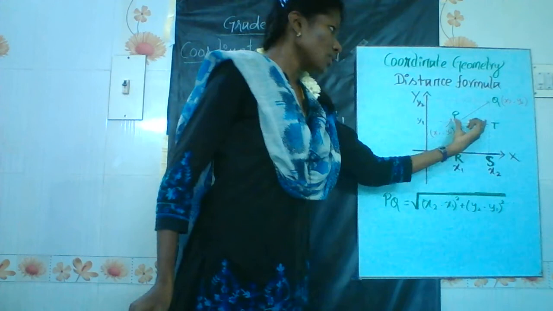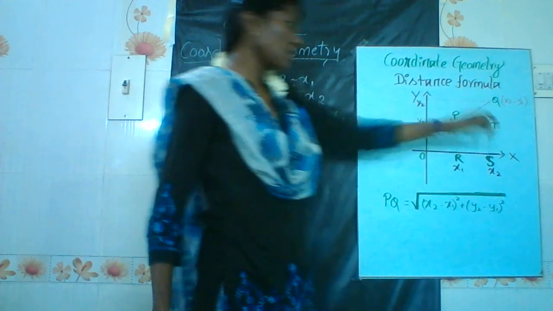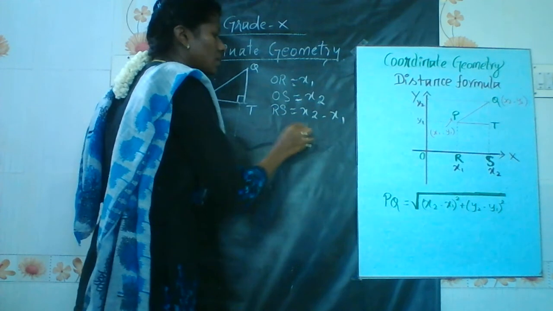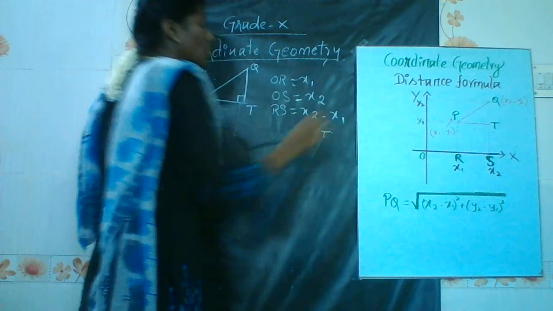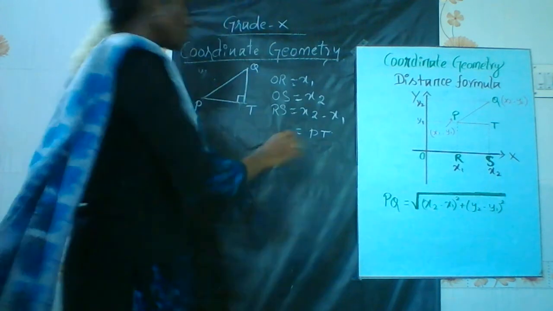RS is equivalent to PT. Why? Because these two lines are parallel. So RS is equivalent to x2 minus x1, which is equivalent to PT.